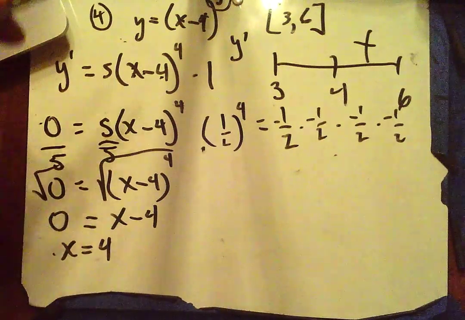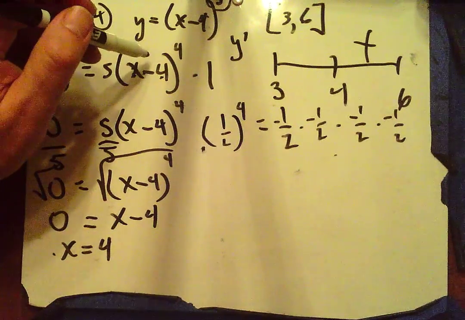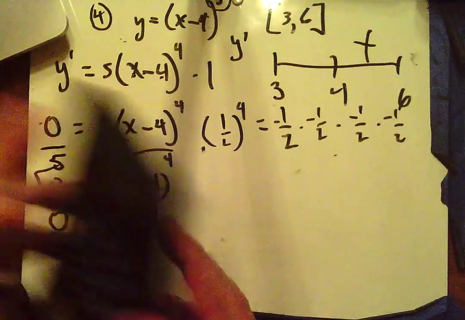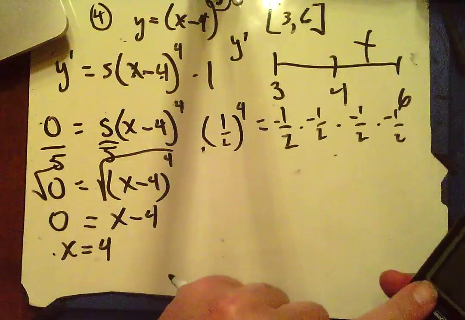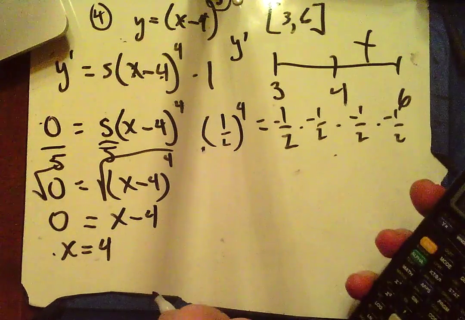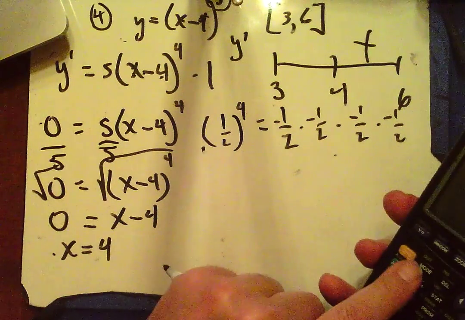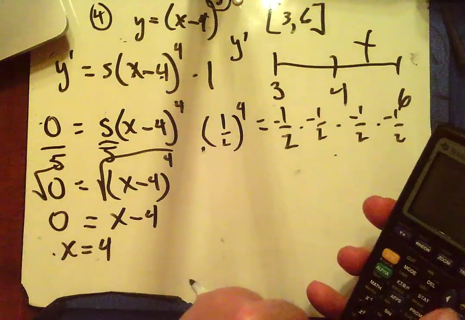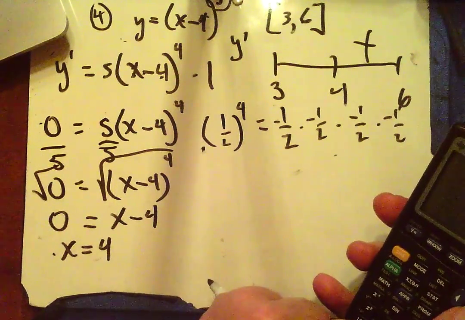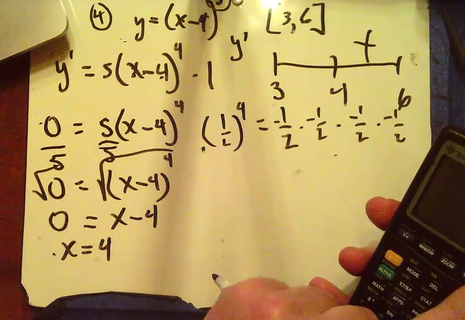What am I missing? 5 times 5/16, but negative to an even power. No. What am I missing? Let's try to graph it. x minus 4 raised to the 5th. And we want to look from 3 to 6. Go -1. Let's see what happens.